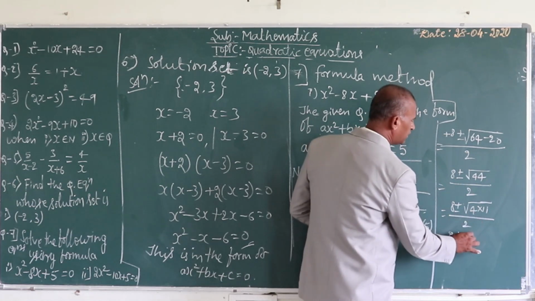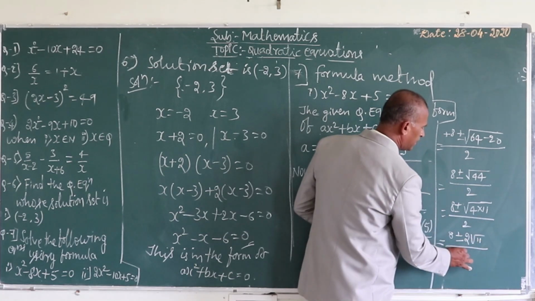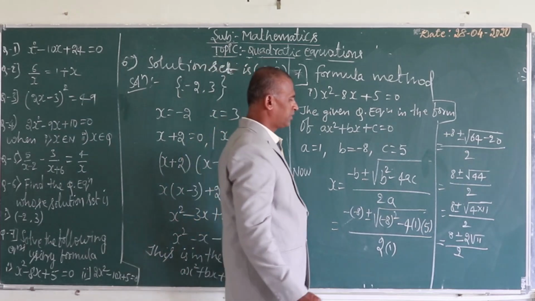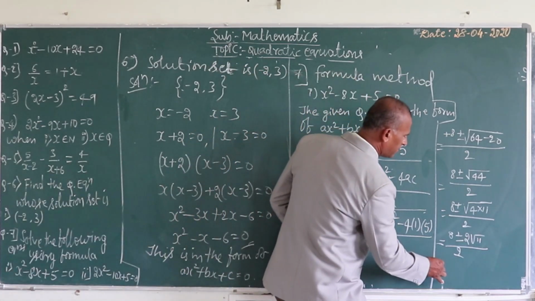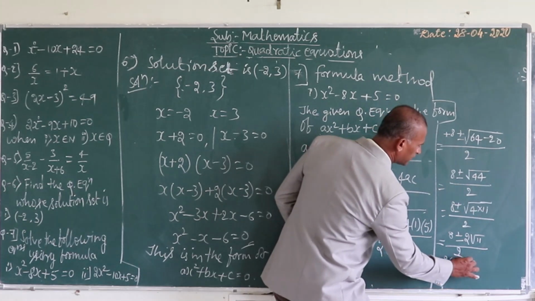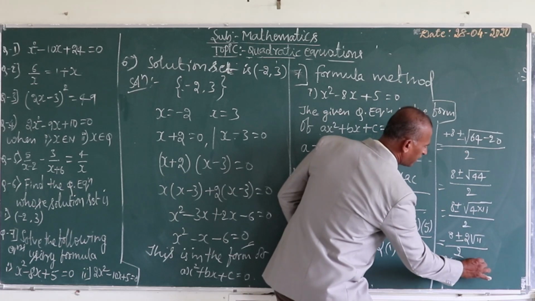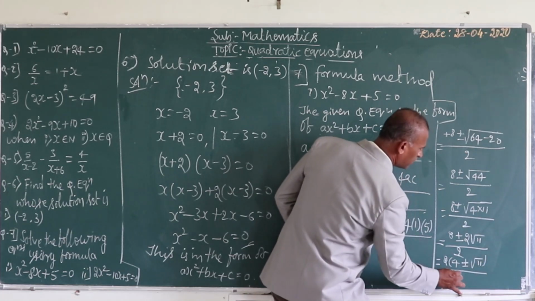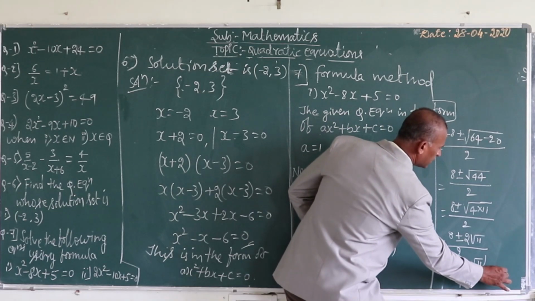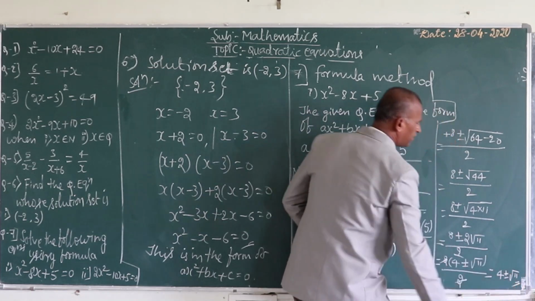Square root of 4 is 2, so 8 plus or minus 2 root 11 by 2. Now after this we will take 2 common: 2 4s are 8, so 2 times 4 plus or minus root 11, by 2. Therefore our answer is 4 plus or minus root 11. That is our answer.